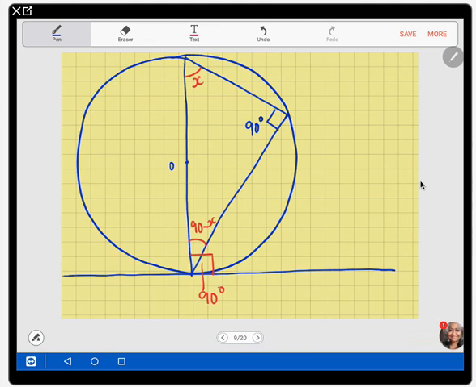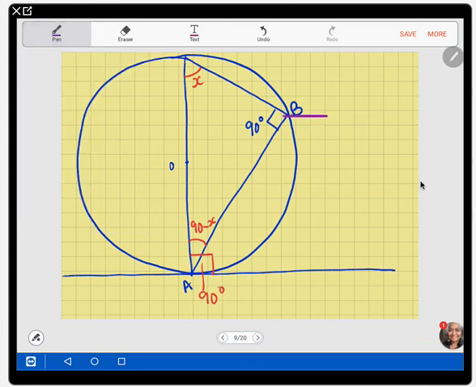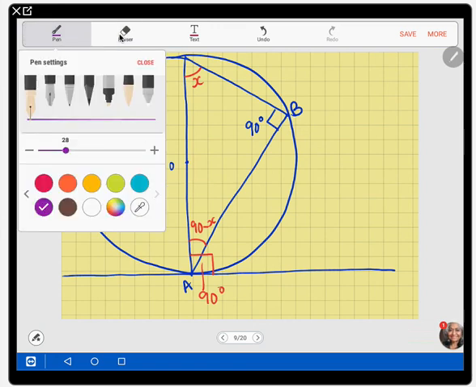Let me call this chord here AB. Before I draw another triangle, let me erase that. I did not finish one thing. I forgot. So let me find a different color.